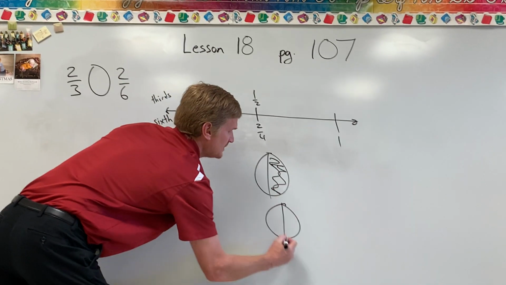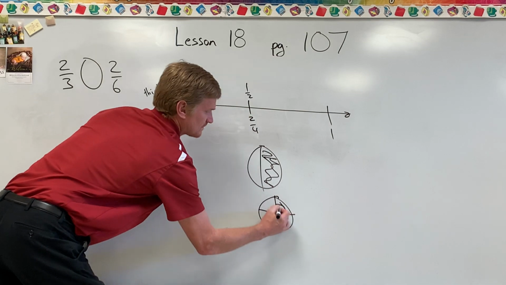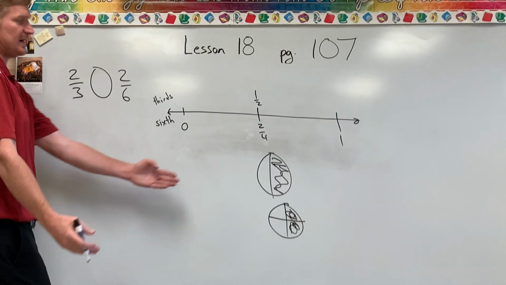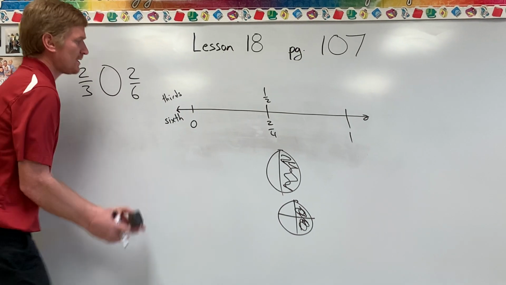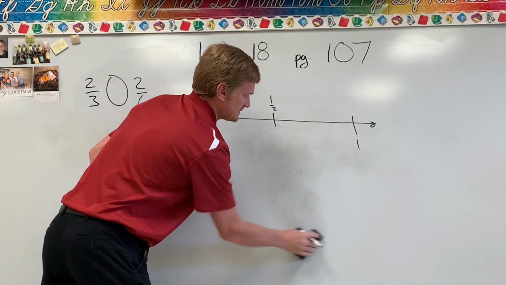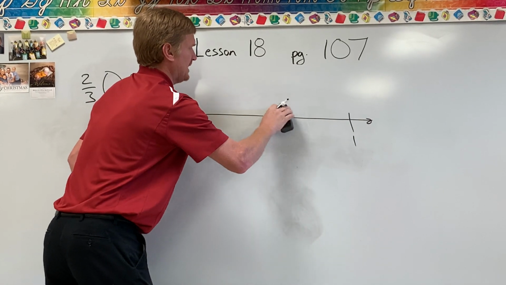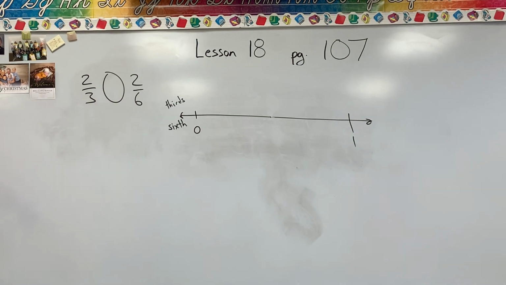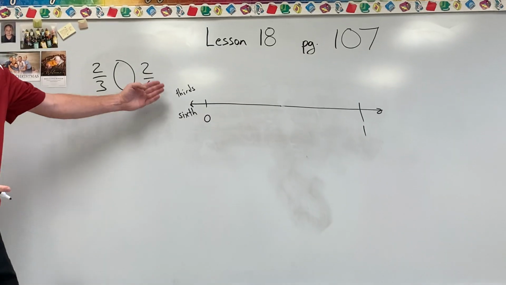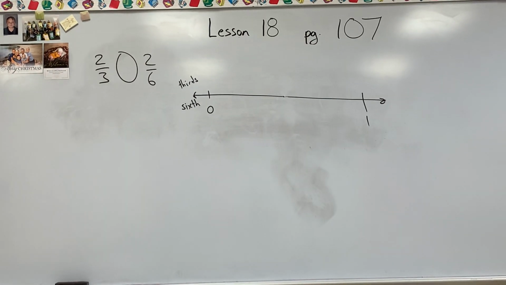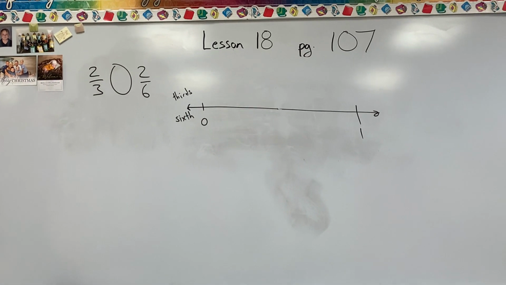Or if I had 2/4 of a pizza, cut into 4 pieces, it would be that much. So they're equal. Just have more pieces there. So you might have a line that is used more than once, the same line, because they're equal fractions. And you'll have some of those on our thirds and our sixes. So go ahead and get started with that. Break it into thirds first, then break it into sixes, and then compare 2/3 to 2/6. Go.